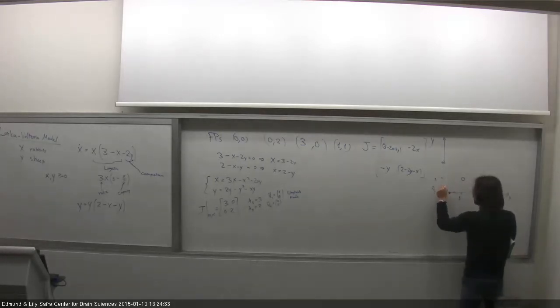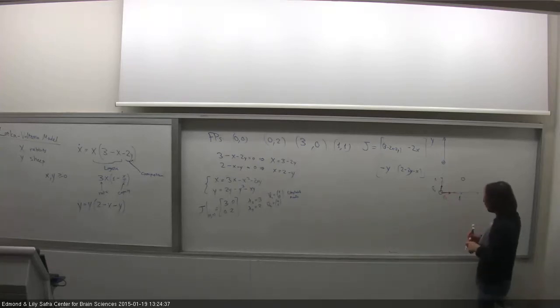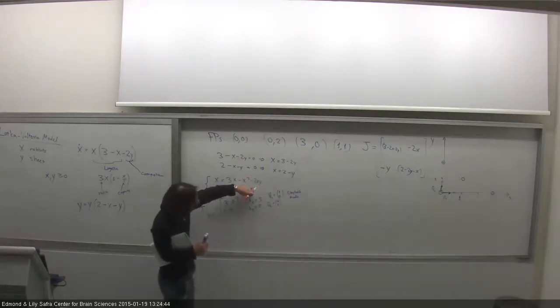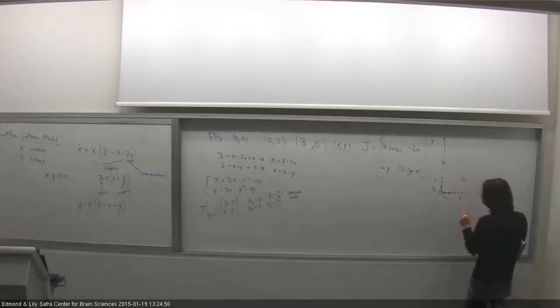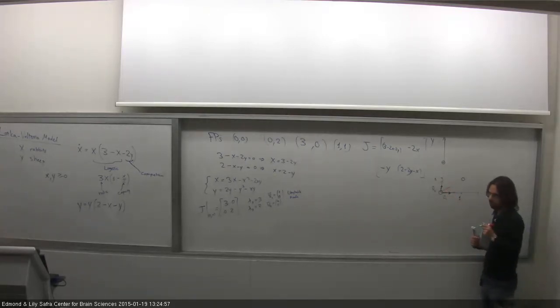I have trajectories going on the axes, and in between we need to consider which one is the larger eigenvalue. That's lambda 1. So this means that far away trajectories will be more parallel to the first eigenvector.